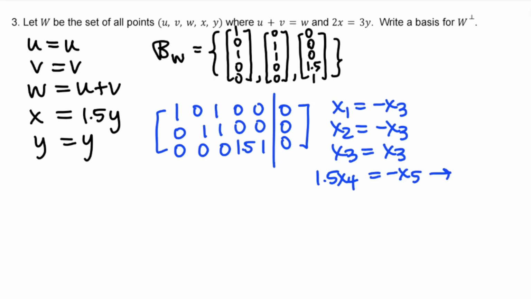So that would make x4 negative 2/3 of x5, and x5 is an independent variable.